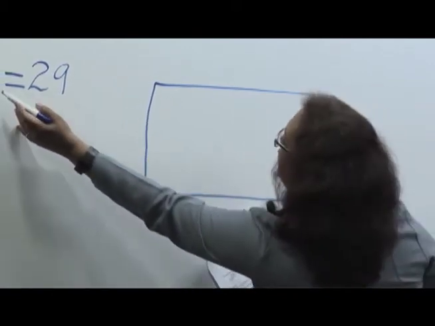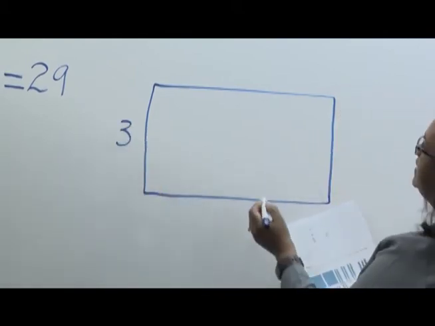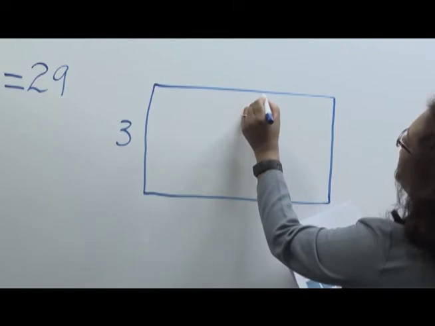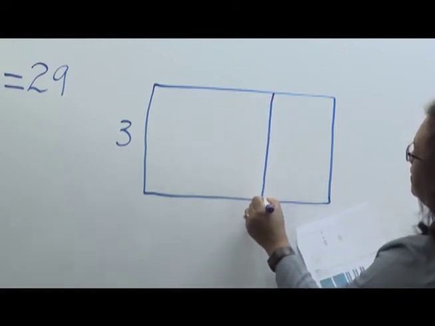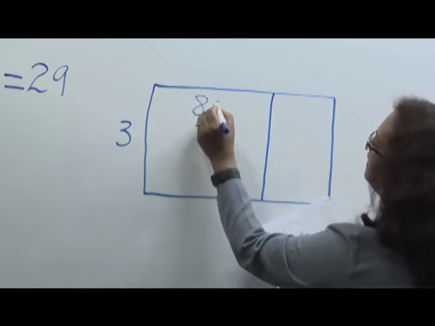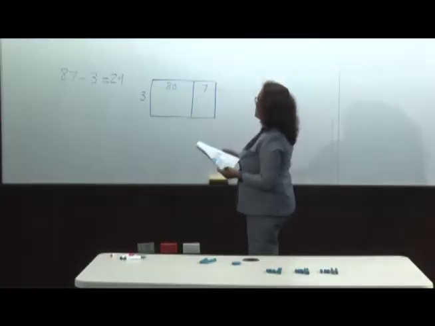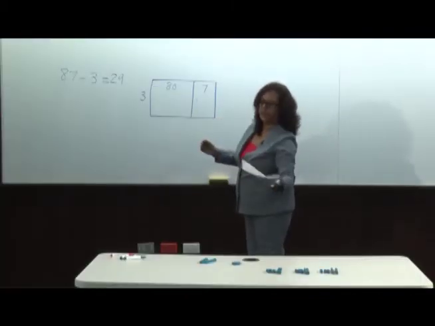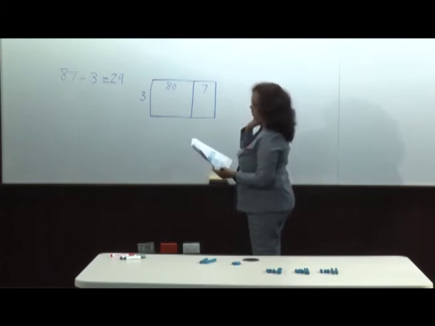So I have the 3, which is the divisor, and I have the 87. So I'm going to divide that 87 in my model. So I have 80 here, and I have 7 here. So this is a representation of what we have with our concrete resources. And this is called the area model.